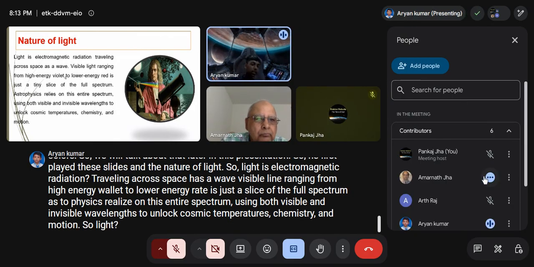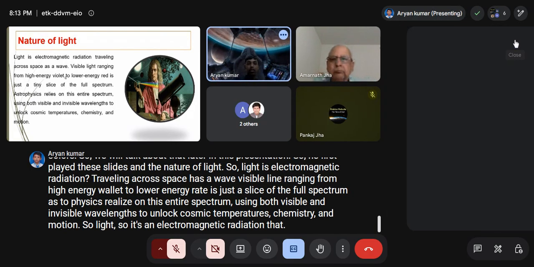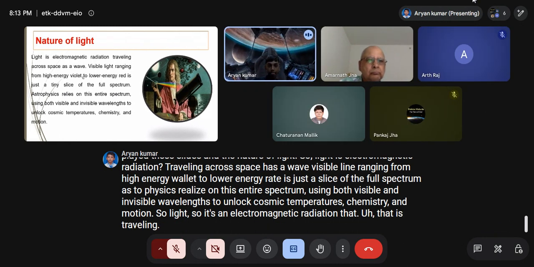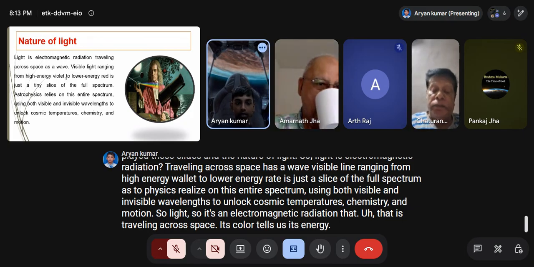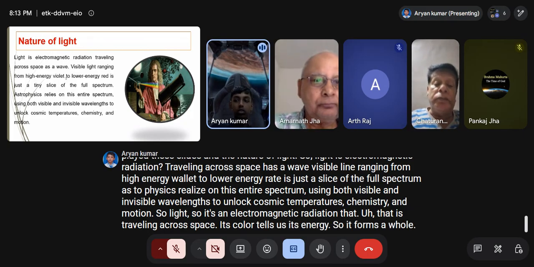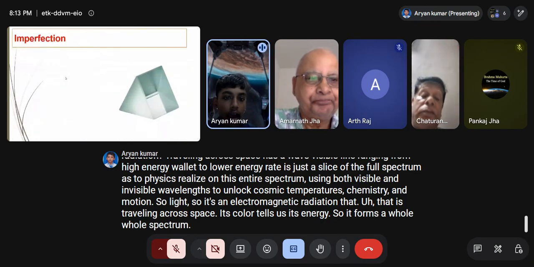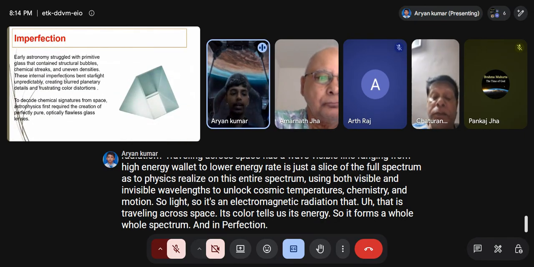Its color tells us its energy. So it forms a whole spectrum.